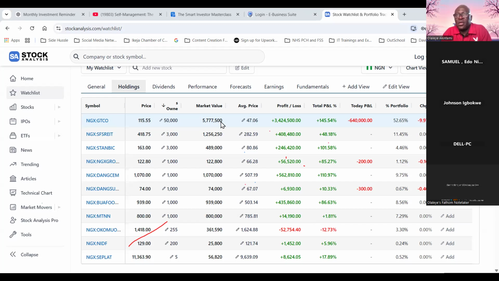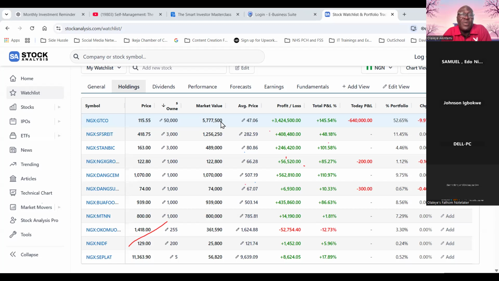And God forbid, maybe another 2 or 3 years down the line, if the market crashes and Gitco goes down to maybe 50 naira per unit, I won't be happy. But can I say I've made a total loss? No, because I've collected all the money I put in there. So the more reason you should buy stocks that pay you good dividend.